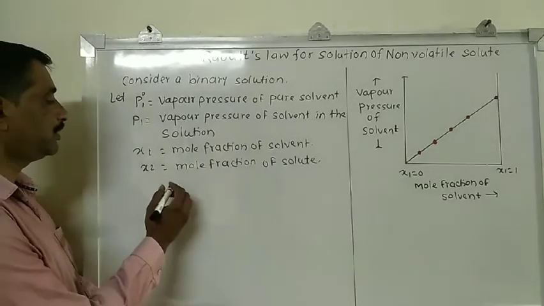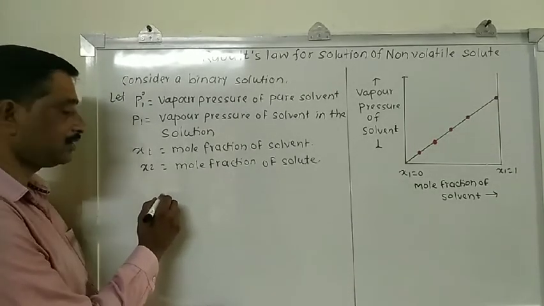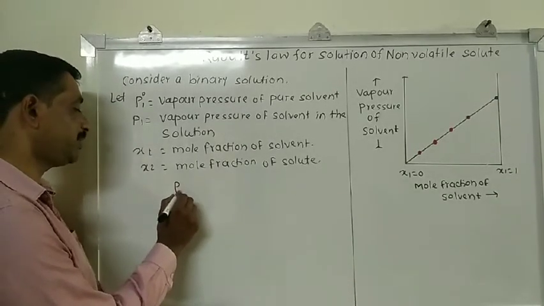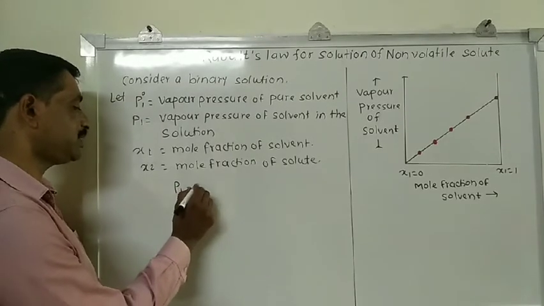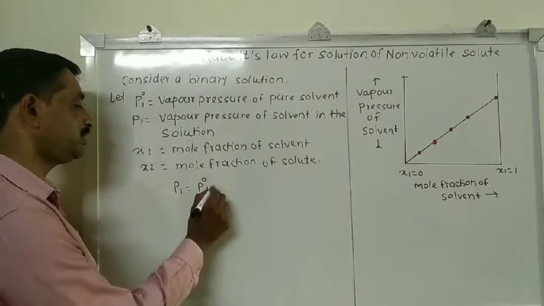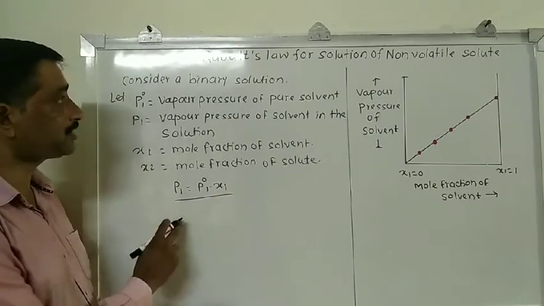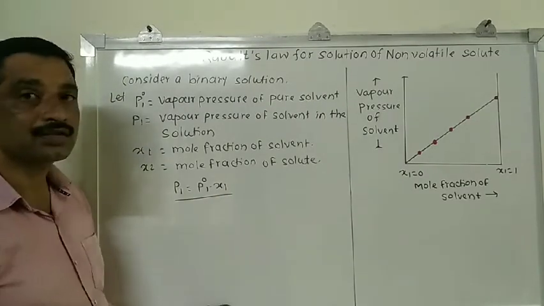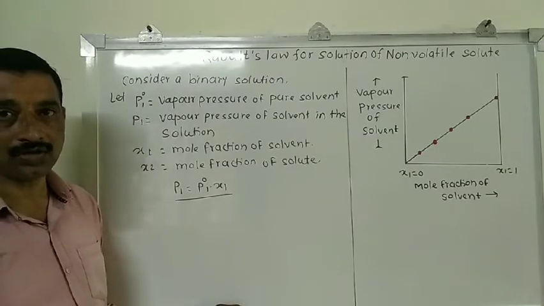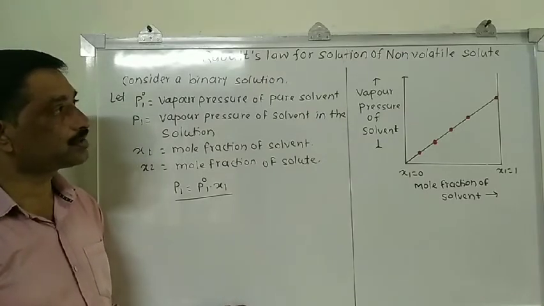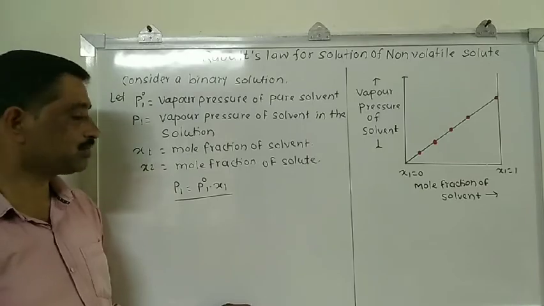Then the vapor pressure of solvent in the solution is given by P1 is equal to P01 into x1, and this expression gives us the statement for the Raoult's law of the solution which contains non-volatile solute.